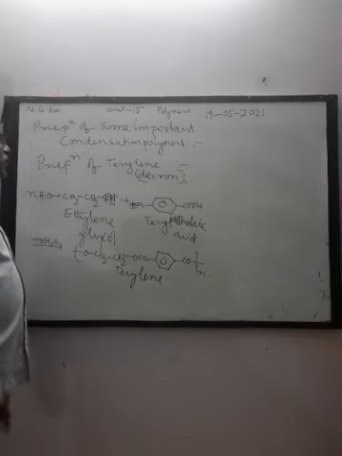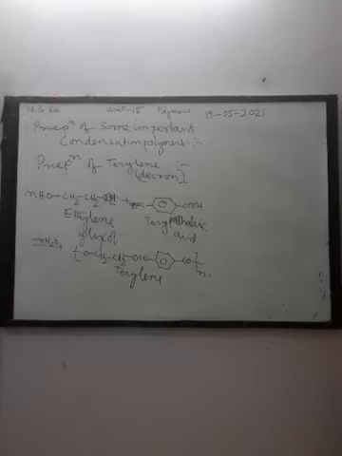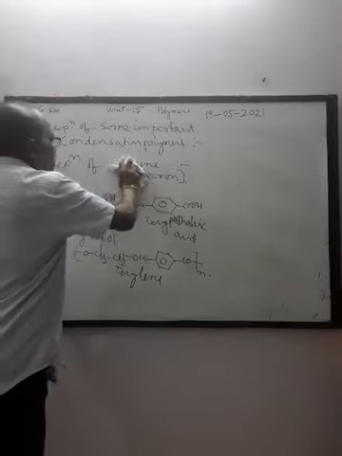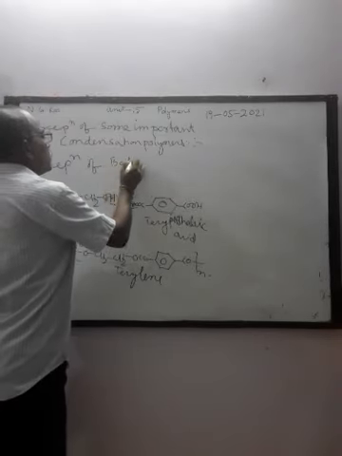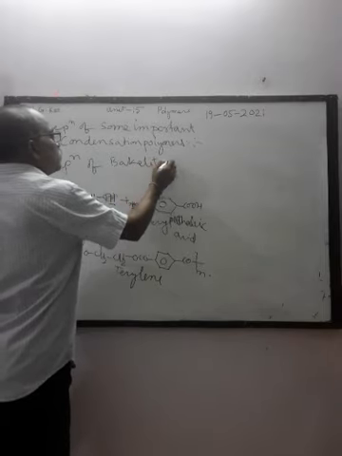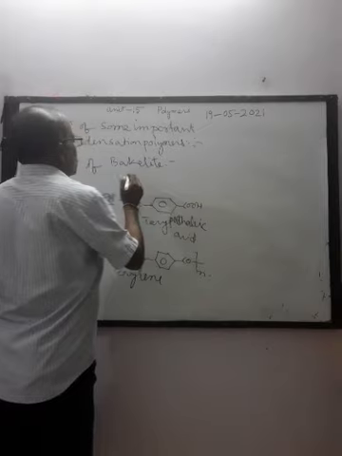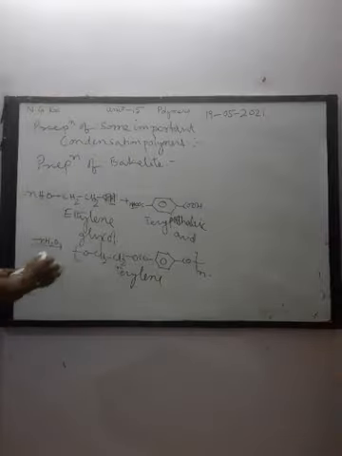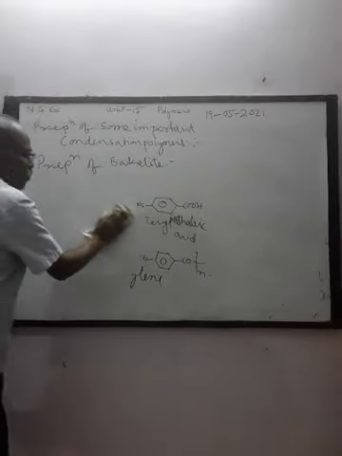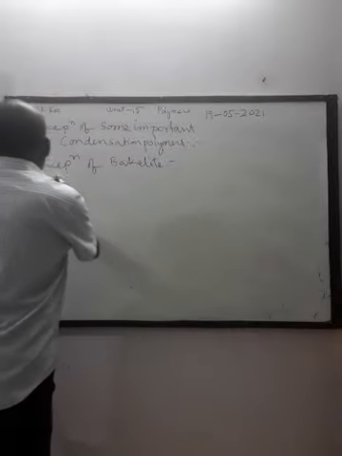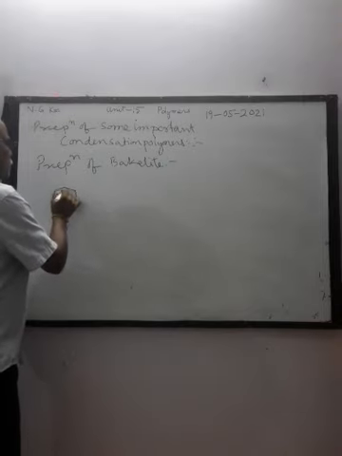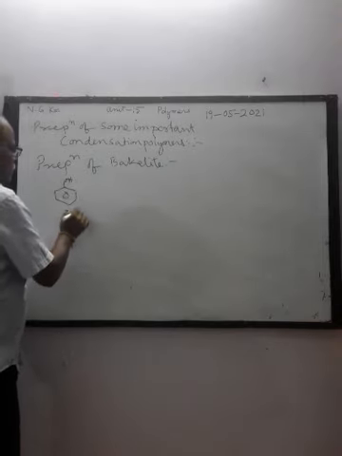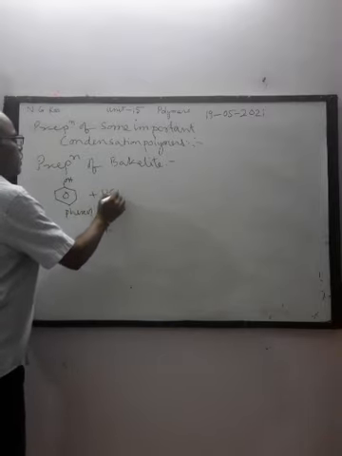Next we consider the condensation polymer of the third compound, which is very important and is known as bakelite. So bakelite is obtained from the monomers phenol and formaldehyde. So here the monomers are phenol and formaldehyde.